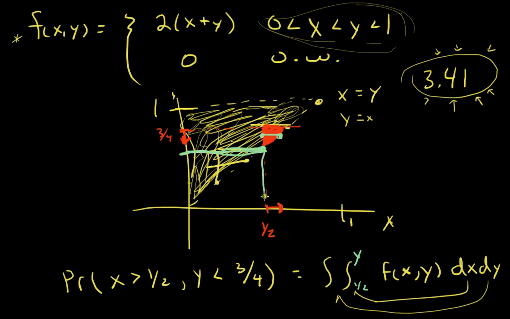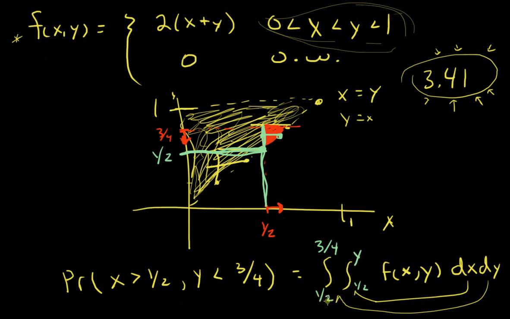Remember, this line is where x equals y, right? So that is 1/2. So starting at 1/2 until I get to 3/4. All right, notice that even though I'm starting down here on this line, I don't say starting at x.